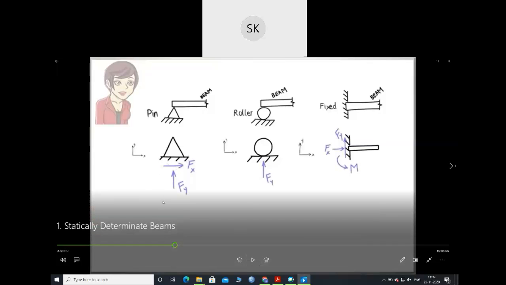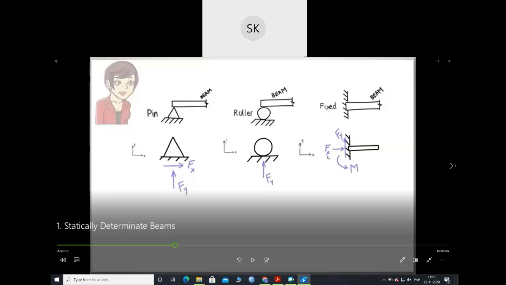Your pin support will have two reactions, Fx and Fy. Your roller support will have a reaction only in this direction, vertical. And your fixed support will have reactions in both horizontal and vertical, along with a moment.